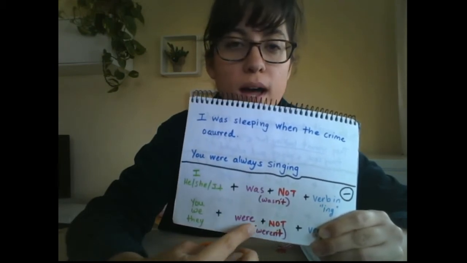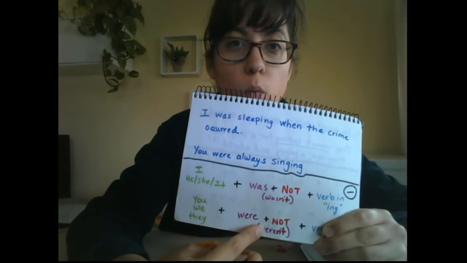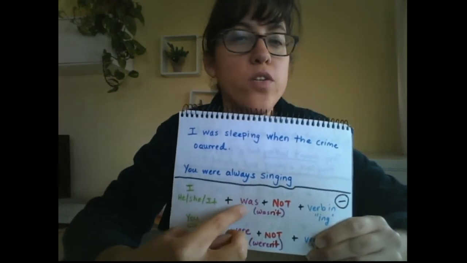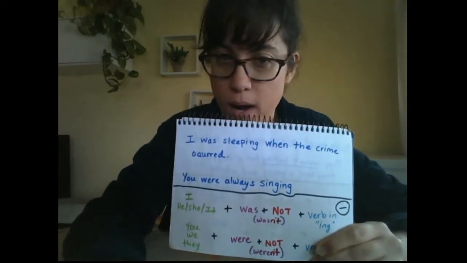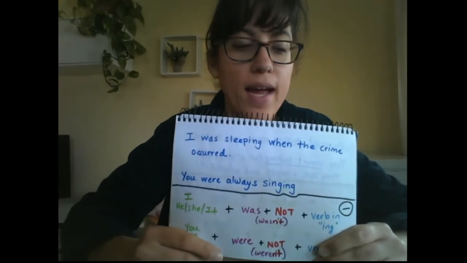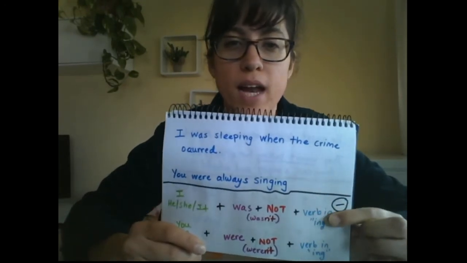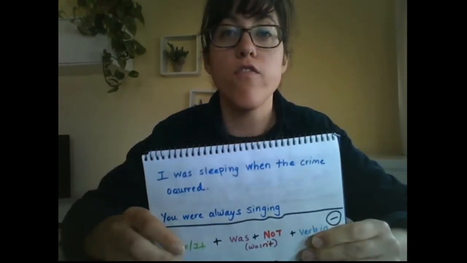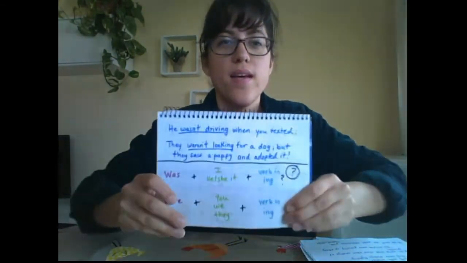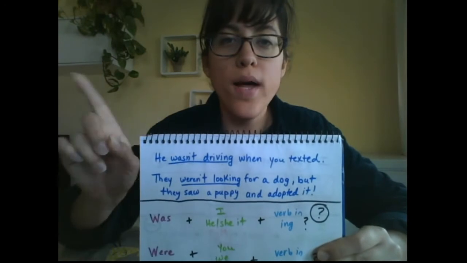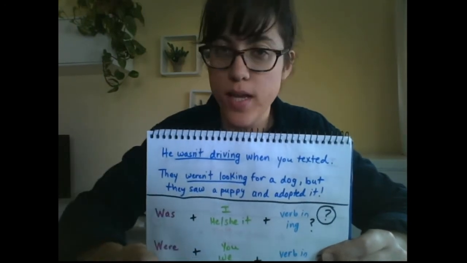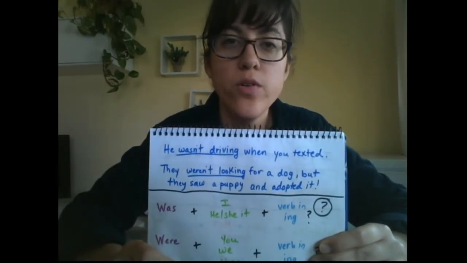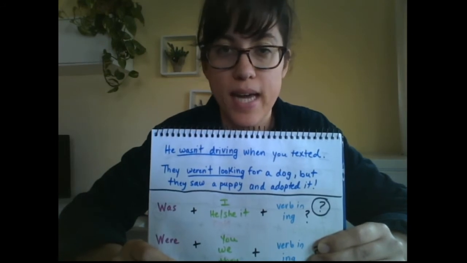O were not se convierte en weren't. Se pueden tomar las dos formas. Da igual. Okay. And then más verb in ing. Okay. So, for example, he wasn't driving. No estaba conduciendo when you texted, cuando mandaste ese mensaje.